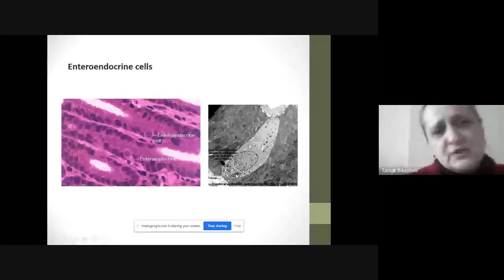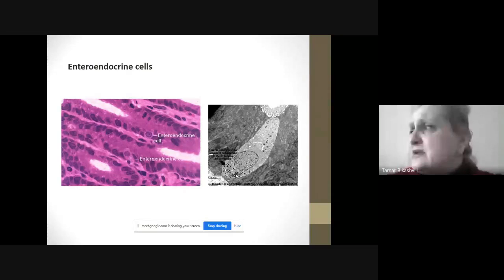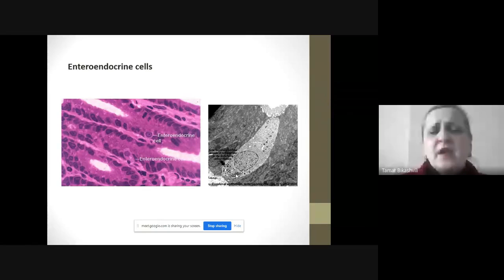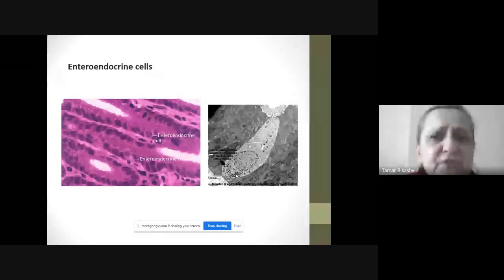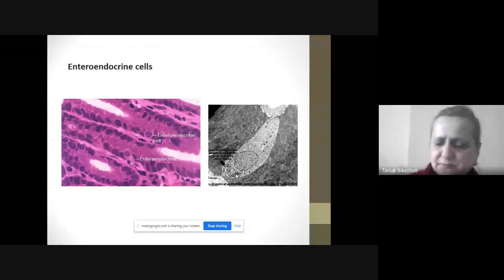So in small intestine are enteroendocrine cells. For example, these endocrine cells secrete CCK. Do you know this? Cholecystokinin, yes, which influences the pancreas. Also, they secrete hormones which influence the duct cells secretion.